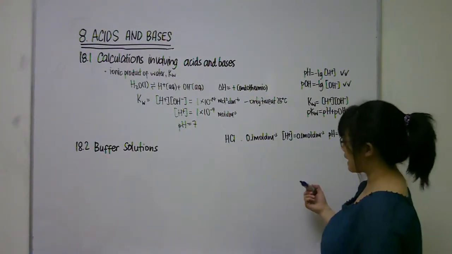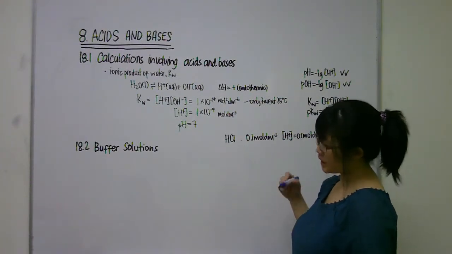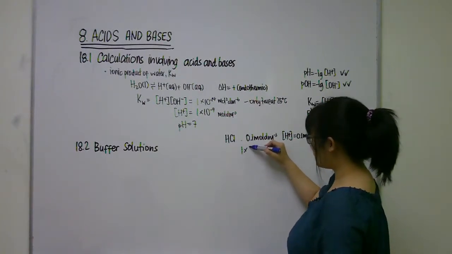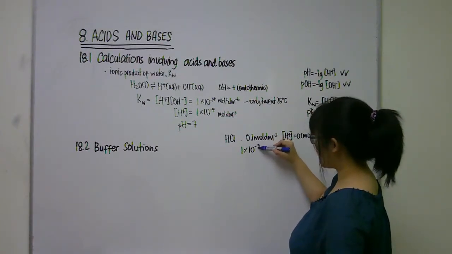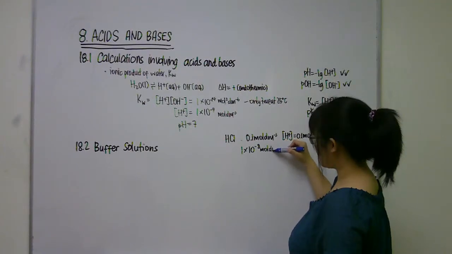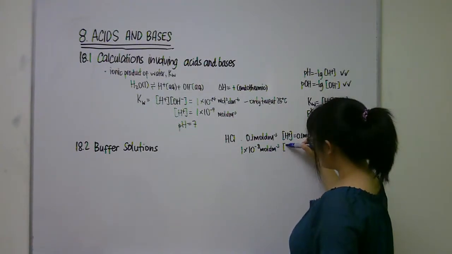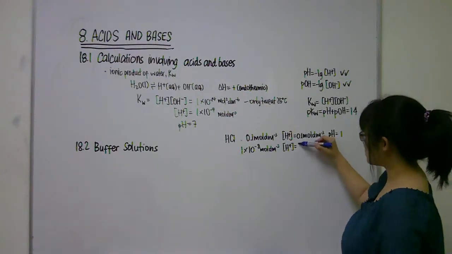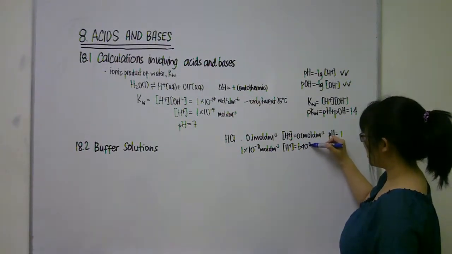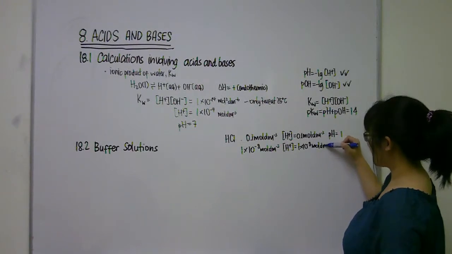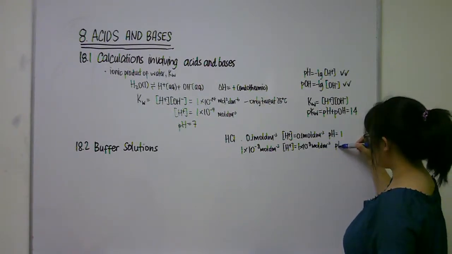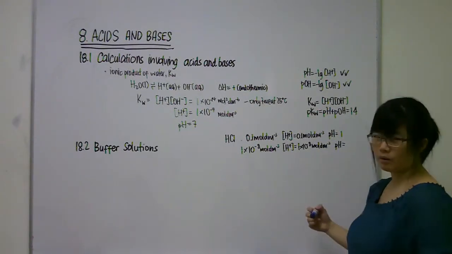But if I have a very, very dilute HCl concentration, 1 times 10 to the power of minus 8 mole per dm cube, because this is a strong acid, I know that the H plus concentration will also be like this. But if I use my calculator and punch minus log of this value, I will get 8.